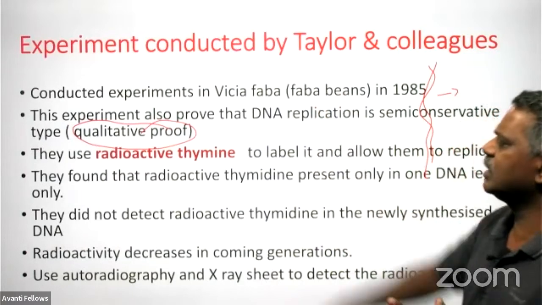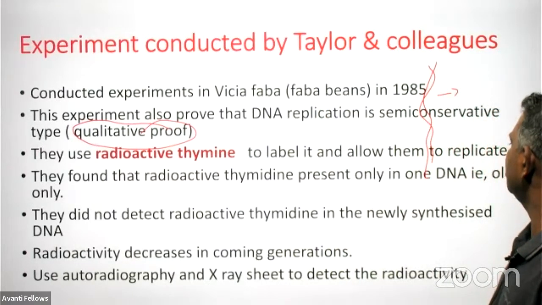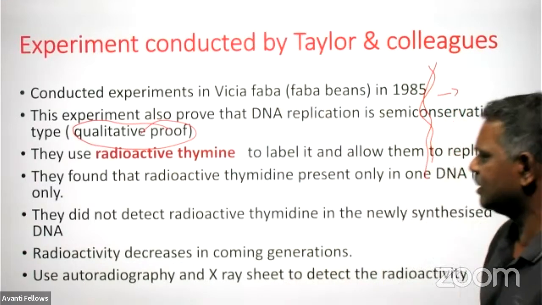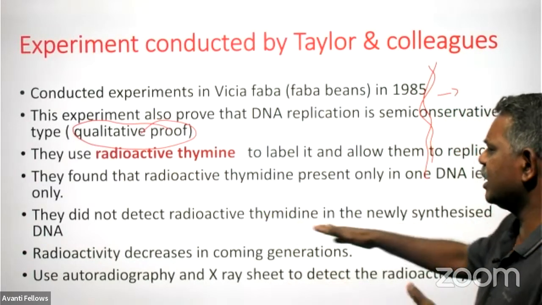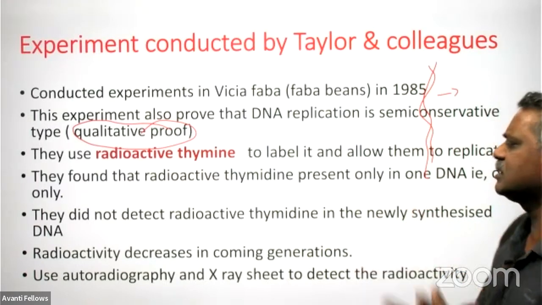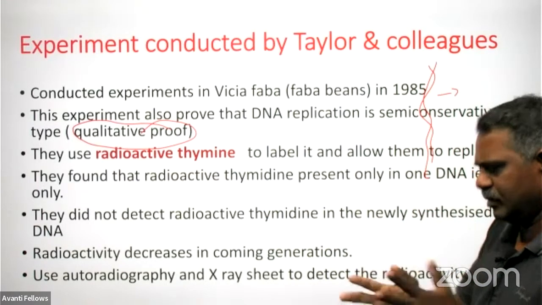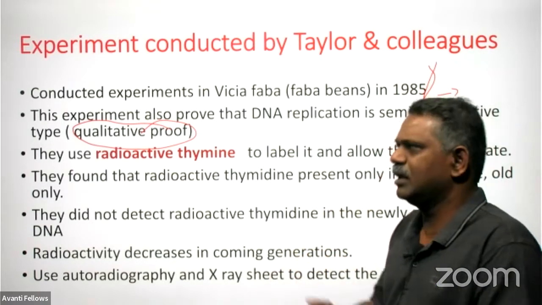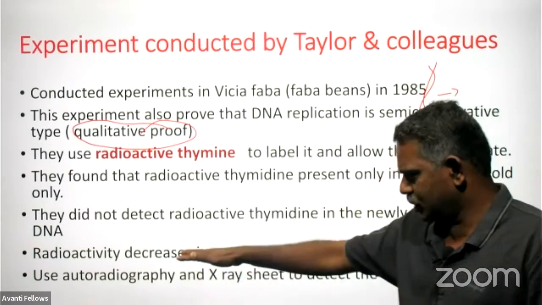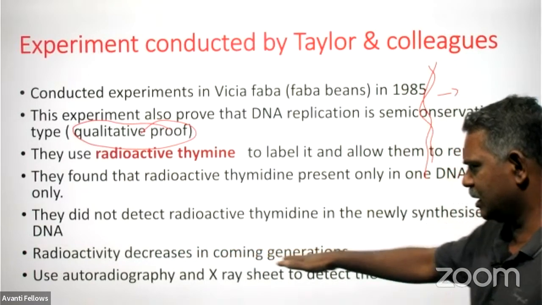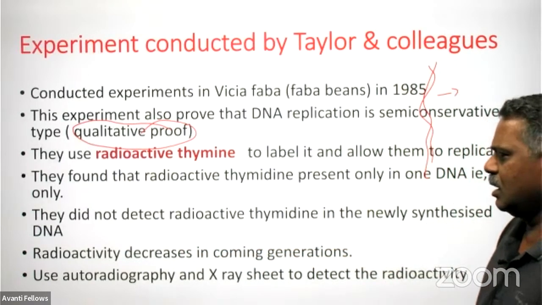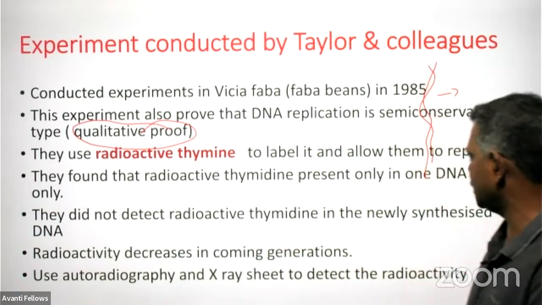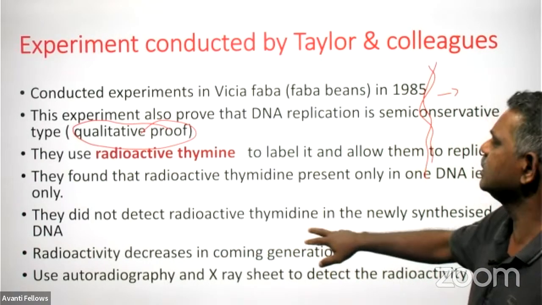And that is called the semi-conservative method of DNA replication. They did not detect radioactive thymine in newly synthesized DNA. And whenever they observed the radioactivity of this thymine in the coming generation, naturally radioactivity decreased, and they used autoradiography and X-ray sheet to detect the radioactivity of this thymine.